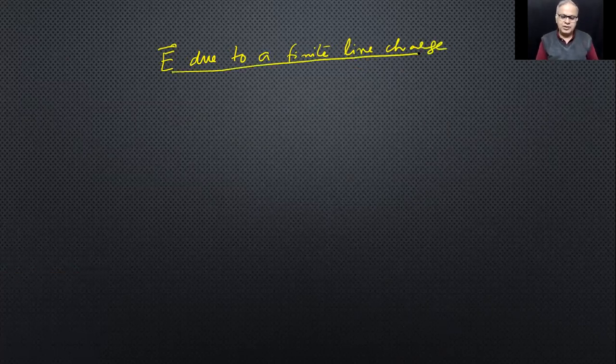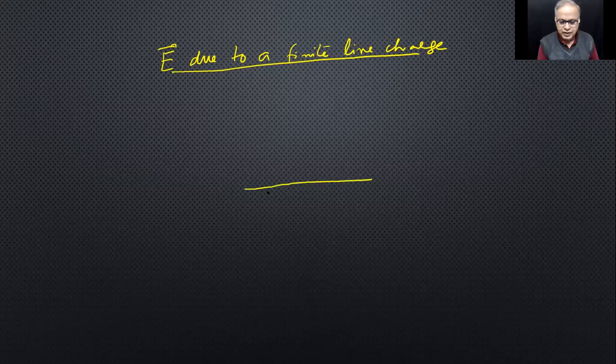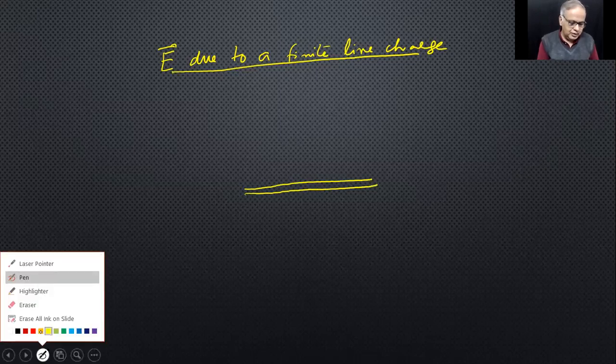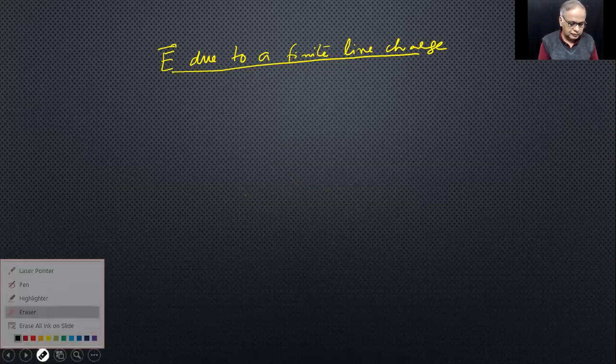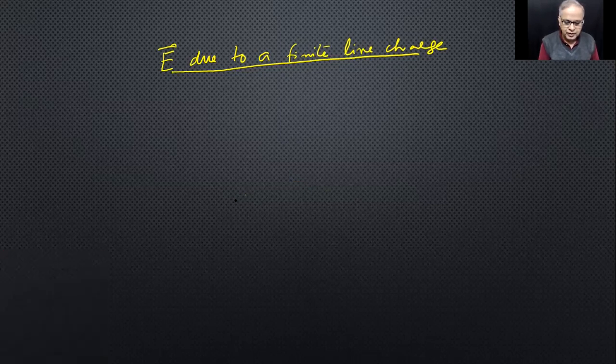What is a finite line charge? It has got known dimensions. This is a finite line charge, you can think. It's not infinite. The ends are known to us here.